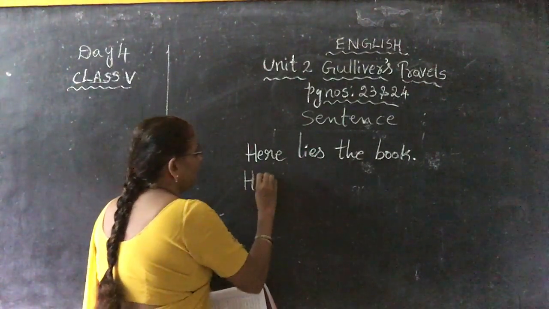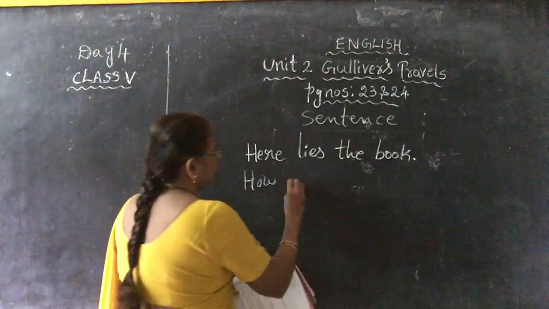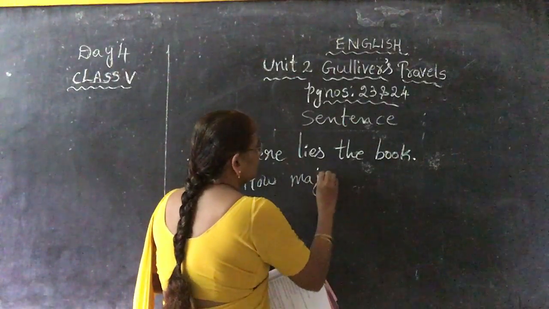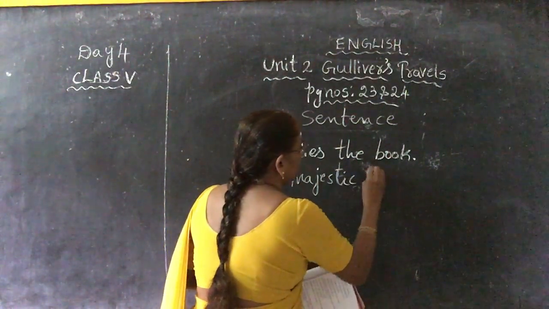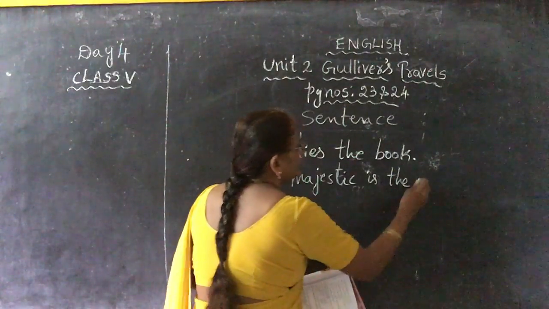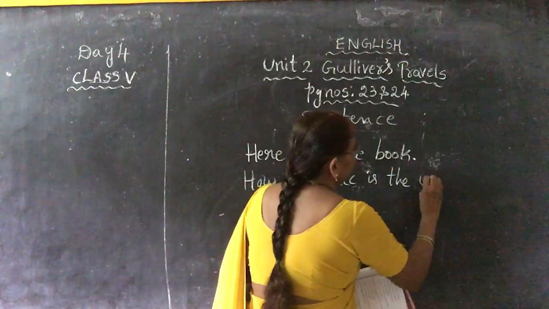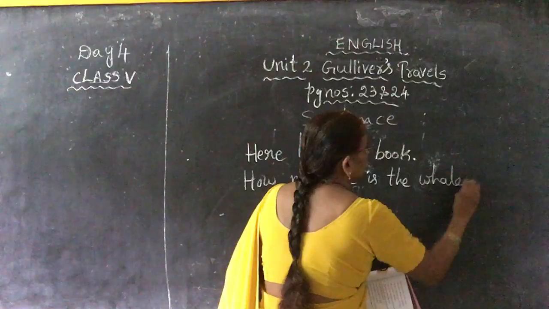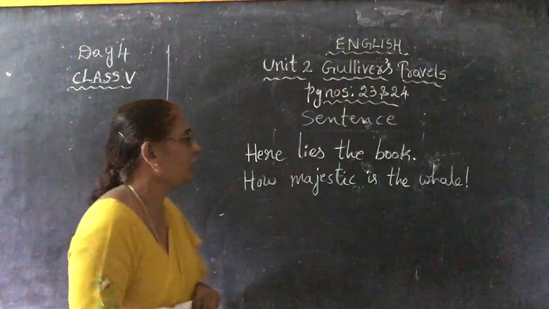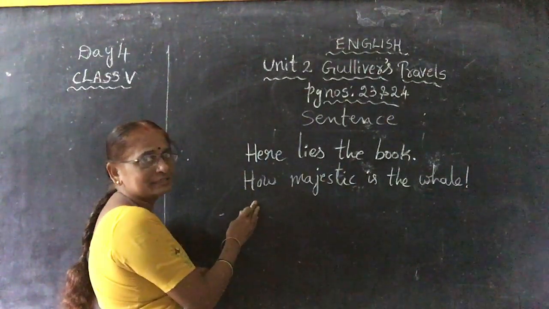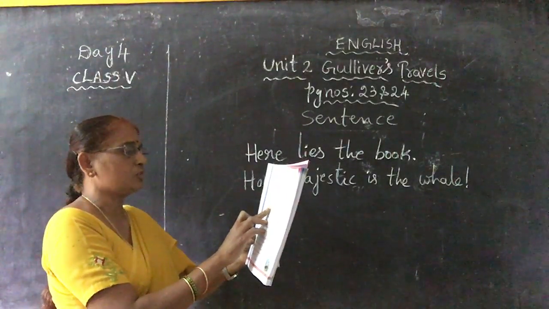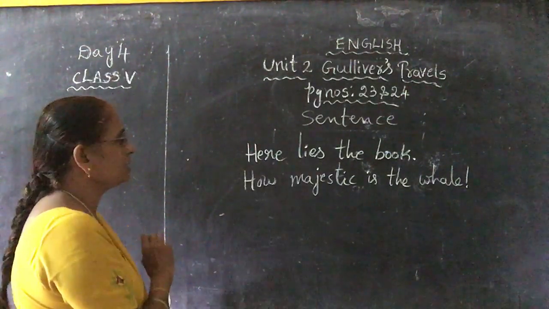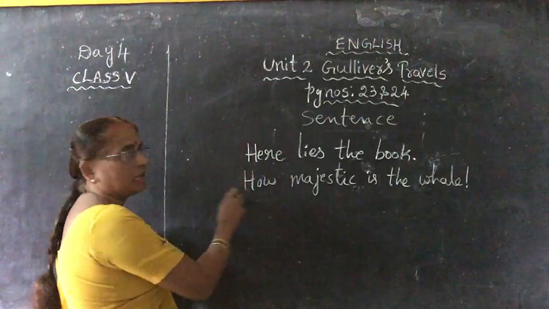See here: How majestic is the whale? It is an exclamatory sentence. But what is the subject in this sentence? Not here and not how, children.